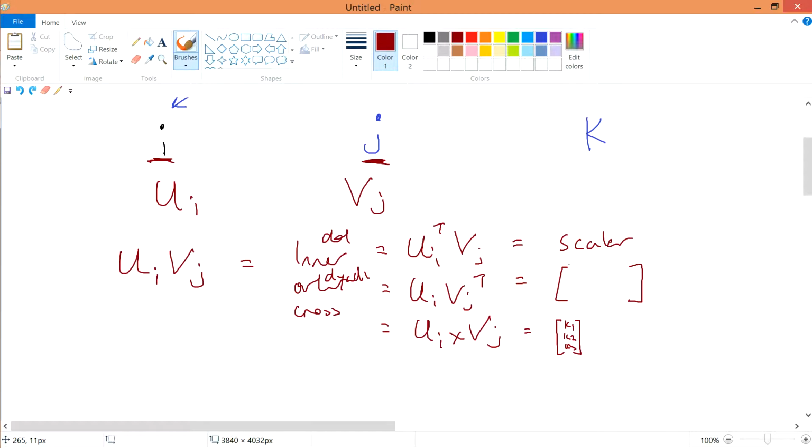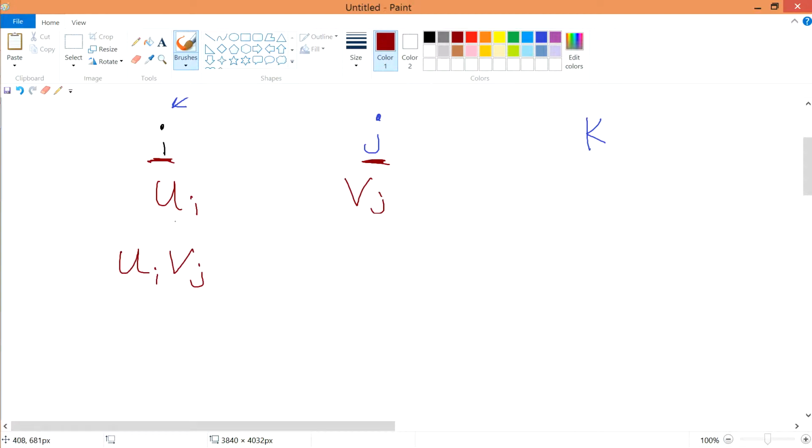Now let's take a look into the dyadic product. We have zoomed in quite a lot, so to speak. When ui and vj interact using the dyadic product, it gives us some understanding, in which ui can be written as ui ei hat, multiplied by, meaning tensor product or dyadic product, which we just mentioned earlier.